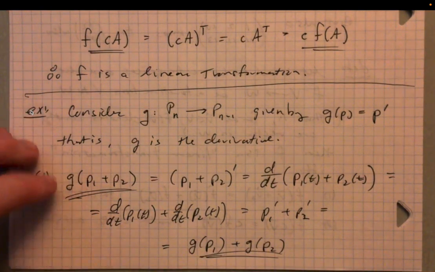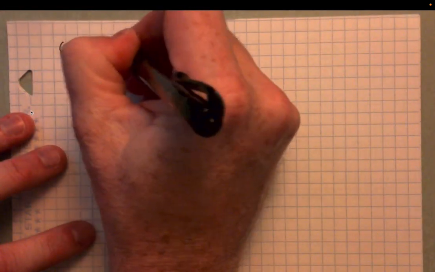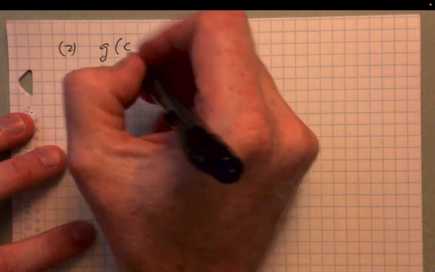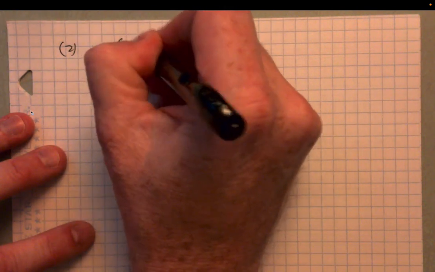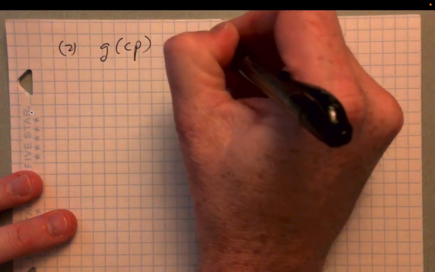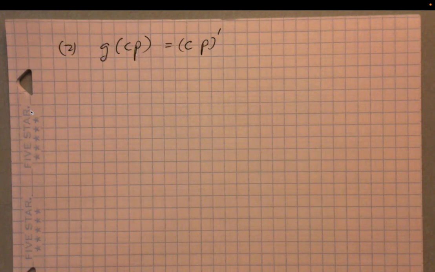Okay, and so seeing that, you can probably imagine that the second property is going to be really easy to show as well. So looking at number 2, when we apply g to a polynomial times a constant, so here p is a polynomial, c is a constant, then that just means we're talking about c times p prime, like this, right?